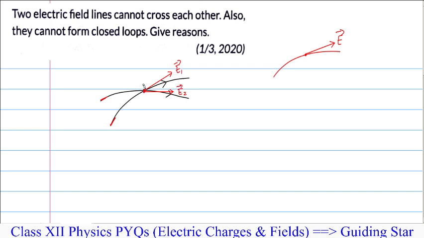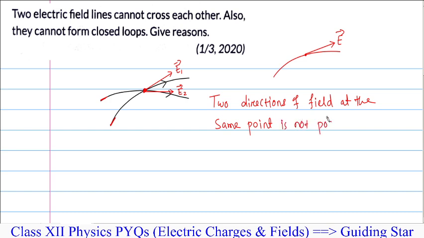That means at this particular point there are two directions of field at the same point, which is the intersection point of two field lines. Two directions at the same point is not possible. So this is the reason why two field lines do not intersect each other.